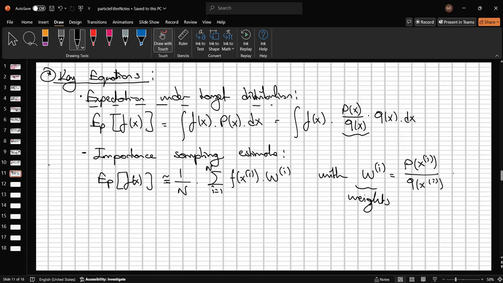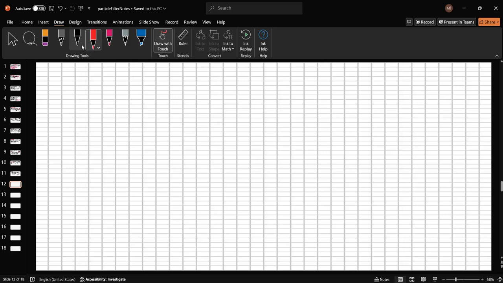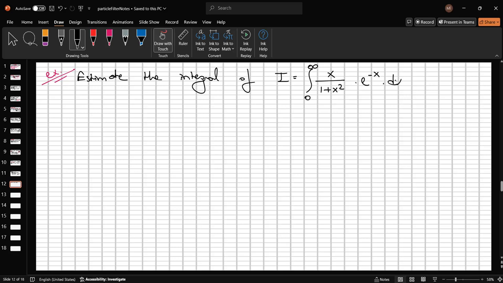But how can we treat or solve this equation? For example, in the example session, our motivation or purpose is to estimate the integral I equals the integral from 0 to infinity of x divided by 1 plus x squared times e to the minus x dx.